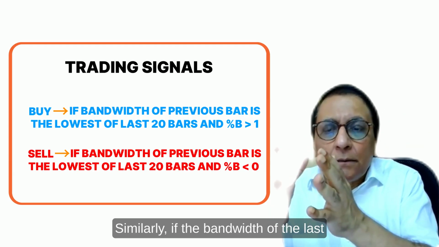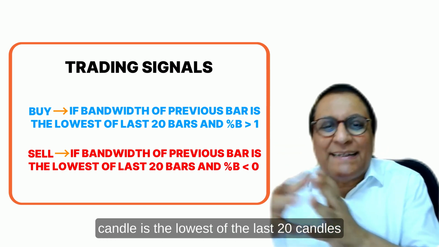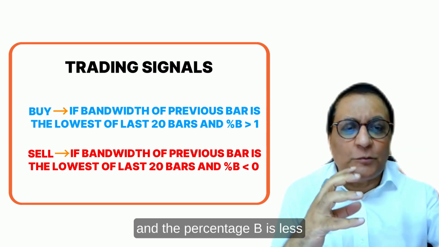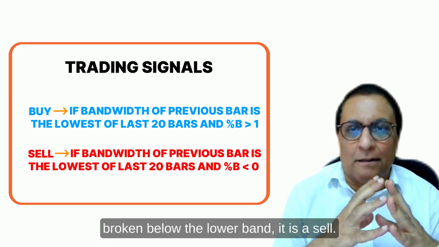Similarly, if the bandwidth of the last candle is the lowest of the last 20 candles, and the percentage B is less than 0, in other words, we have broken below the lower band, it is a sell.